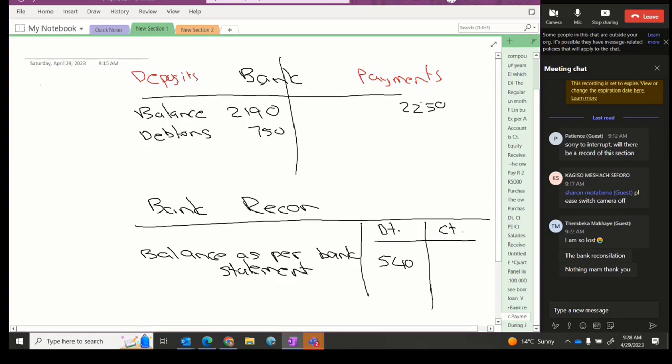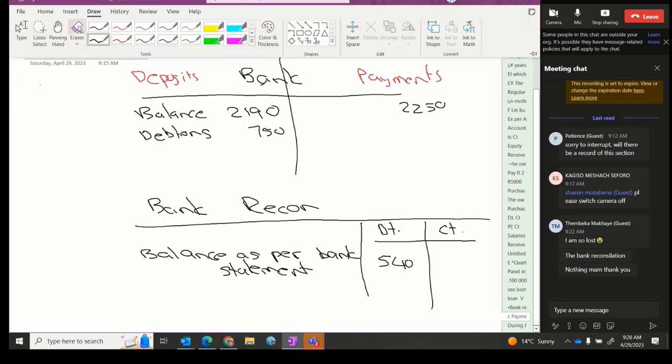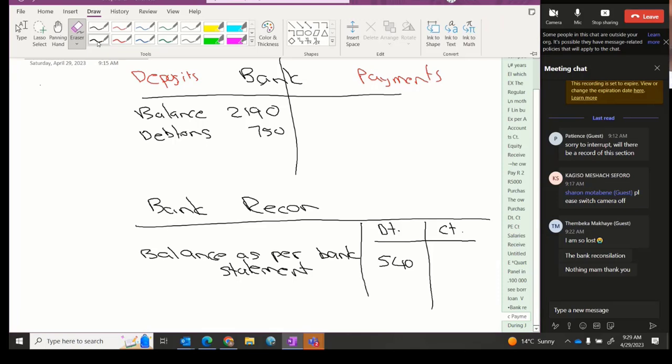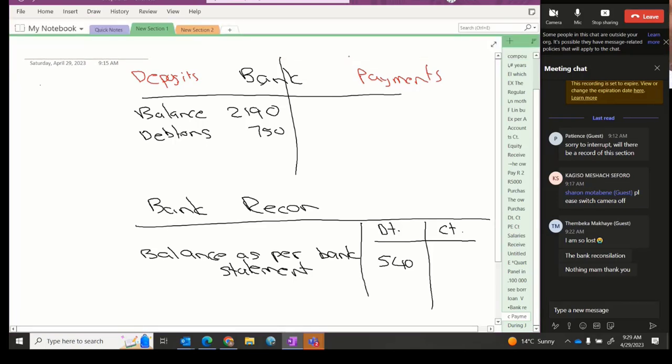So if the bank made the mistake, you have to go to the bank recon and say, okay, now remember, if you did a payment, if it was you that made the payment, it is on the credit side here in your account.